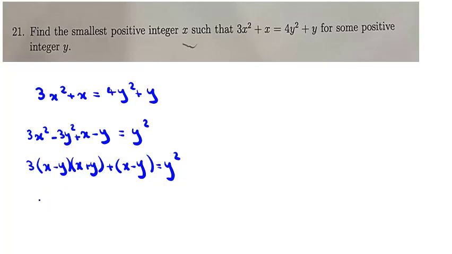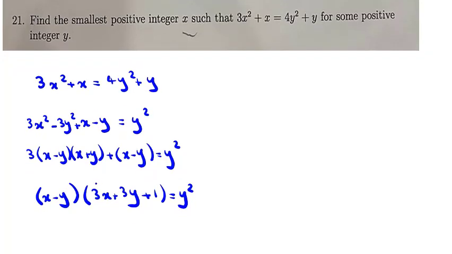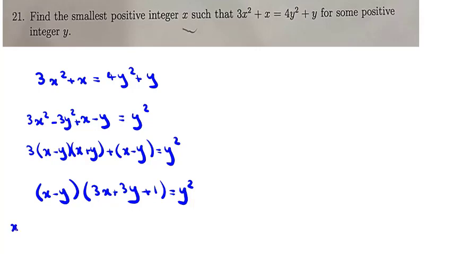Then it helps you. We want to solve exactly with the idea of the video I released 2 days before the exam. So 3 times x plus y plus 1 equals y squared over x minus y. Okay, so here we know this one is positive, so it should also be positive. So x is greater than or equal to y plus 1.